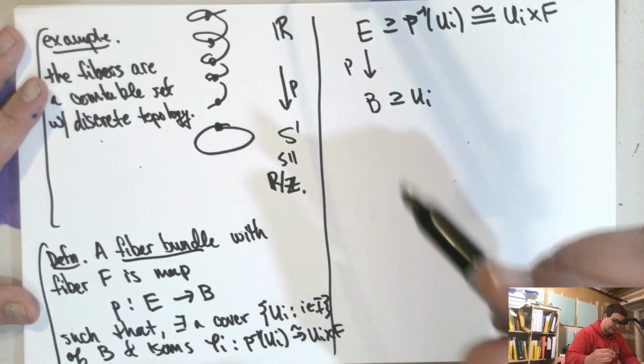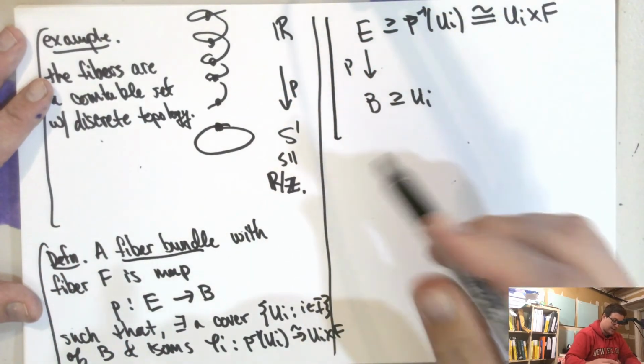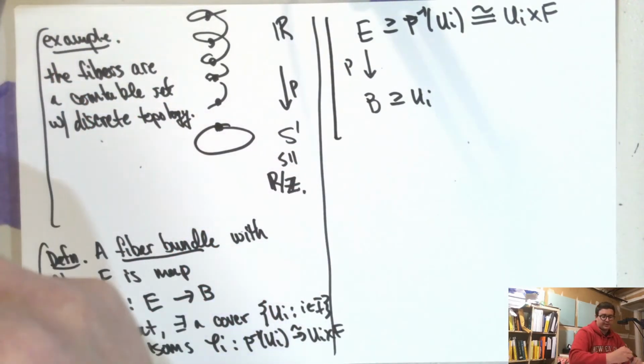These maps are sometimes called trivializations.